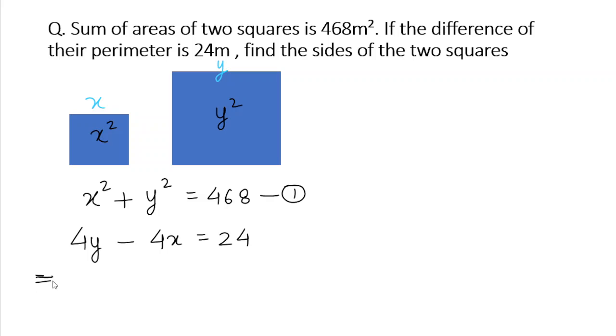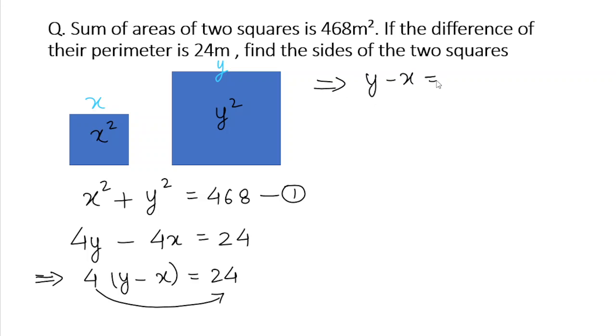We can simplify this. We can take 4 common and we'll be left with y minus x inside the bracket, that is 24. Now 4 we can take to the other side, so we have 24 divided by 4. In the next step we can write y minus x equal to 24 upon 4, that is y minus x is equal to 6.